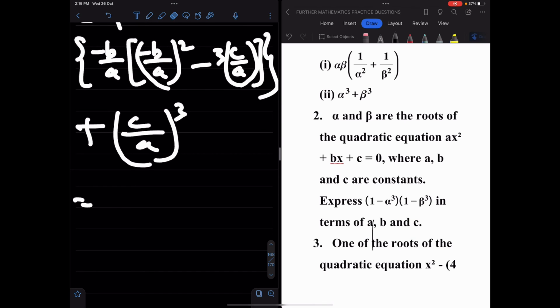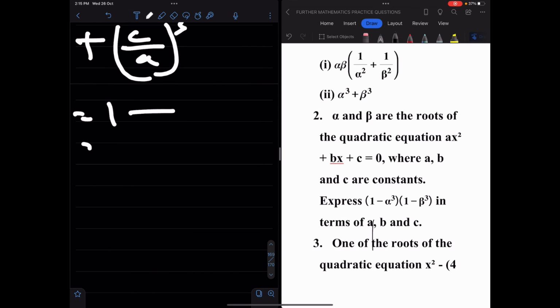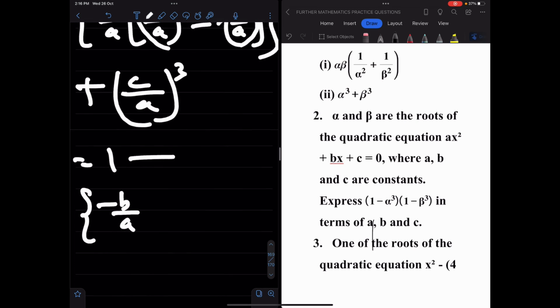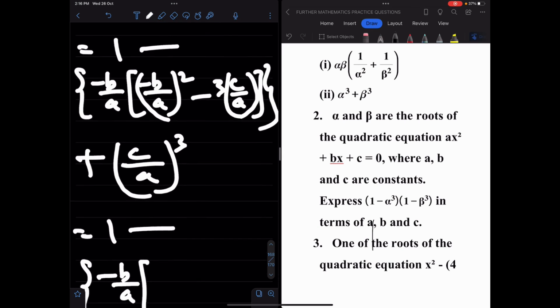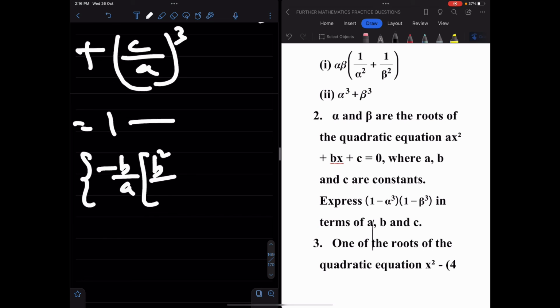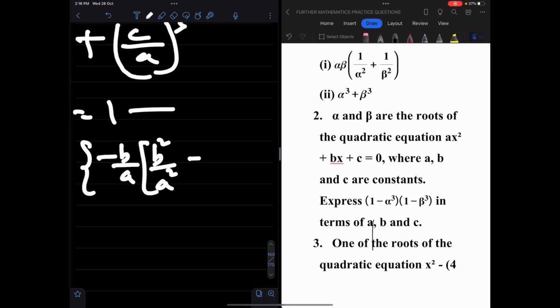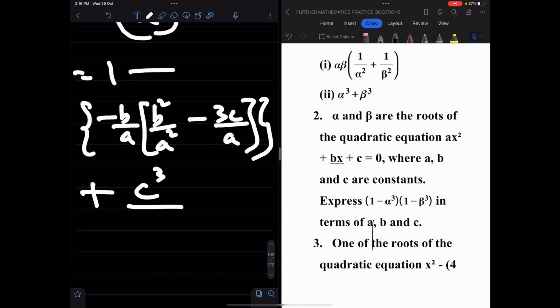That's equal to, don't forget the 1 minus, let me still put the same bracket, minus b over a into bracket the square of minus b over a, which is b squared over a squared, minus 3 times c over a, which is minus 3c over a, plus c cubed over a cubed.